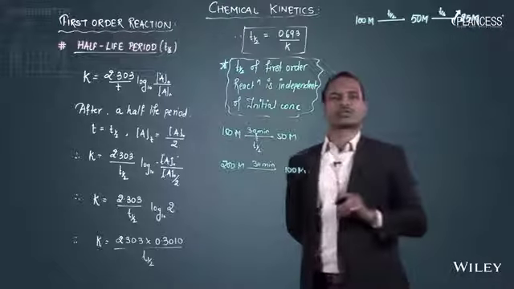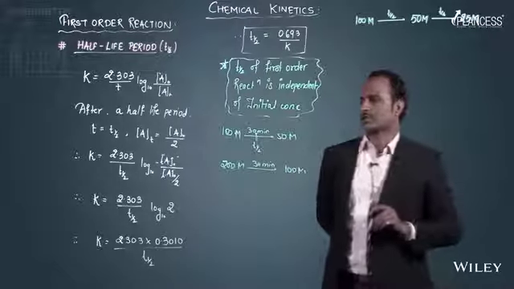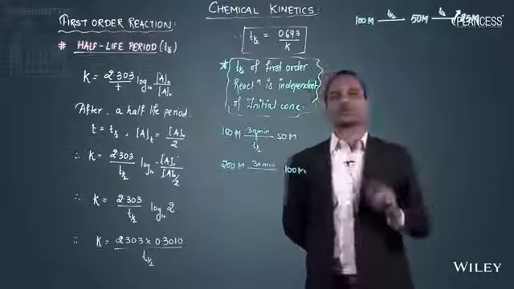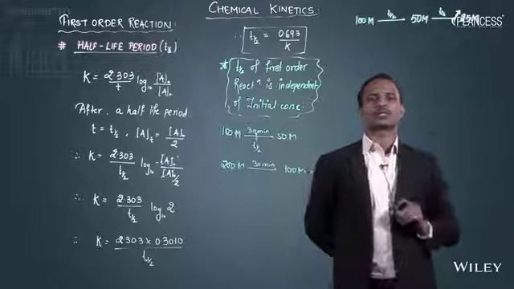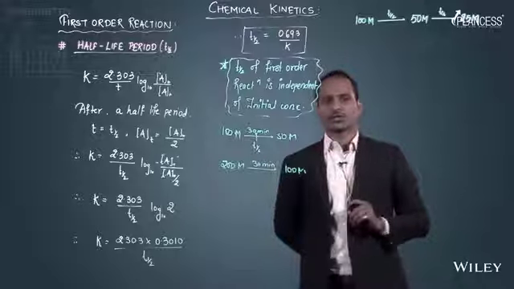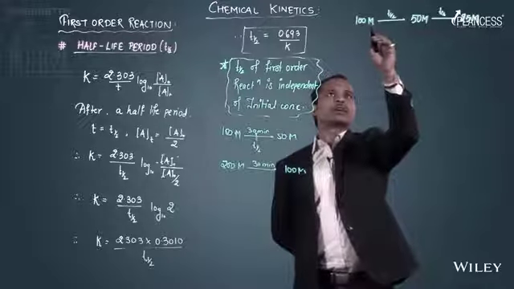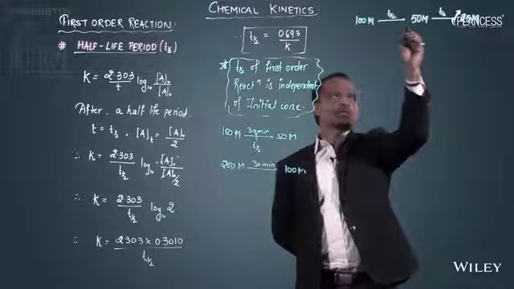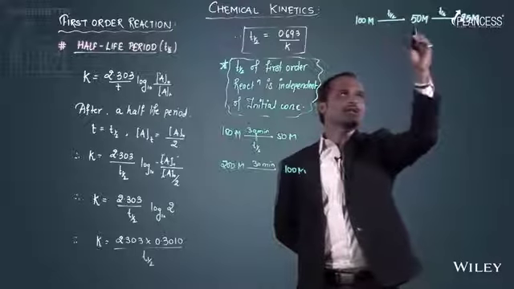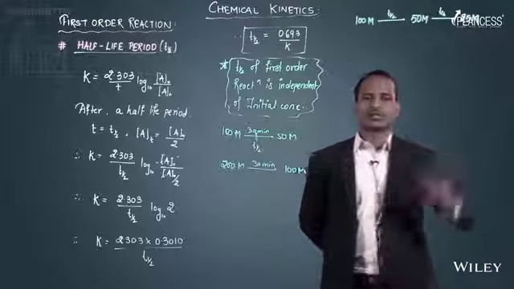The amount is not going to be 0, because in case of first order reaction the rate of reaction depends on the concentration of reactant. If the reactant has reduced, then the rate of reaction also decreases.